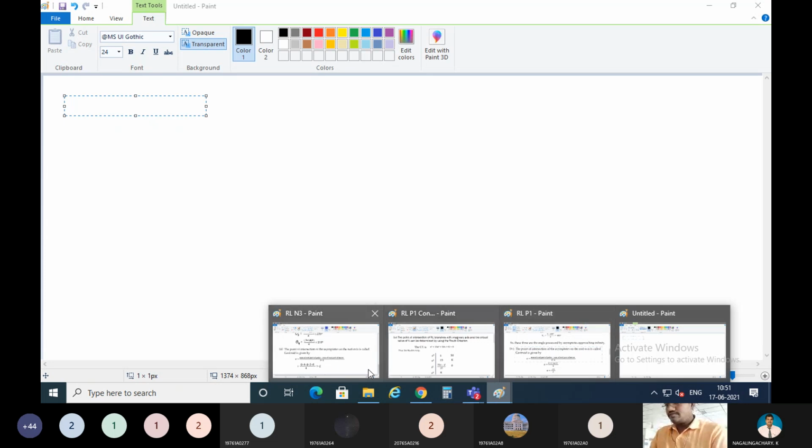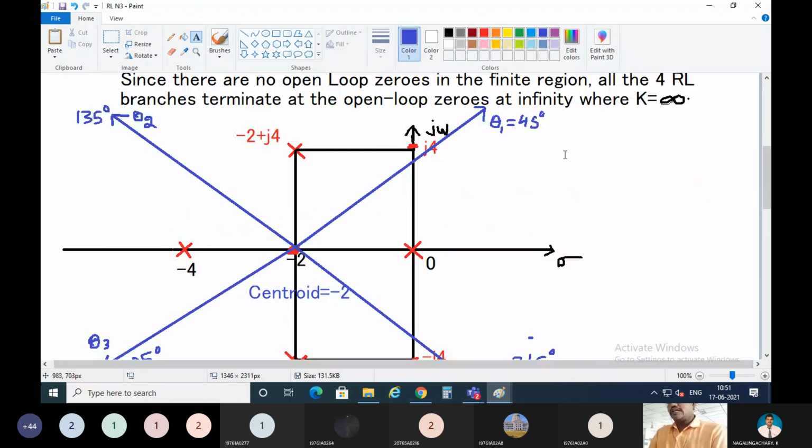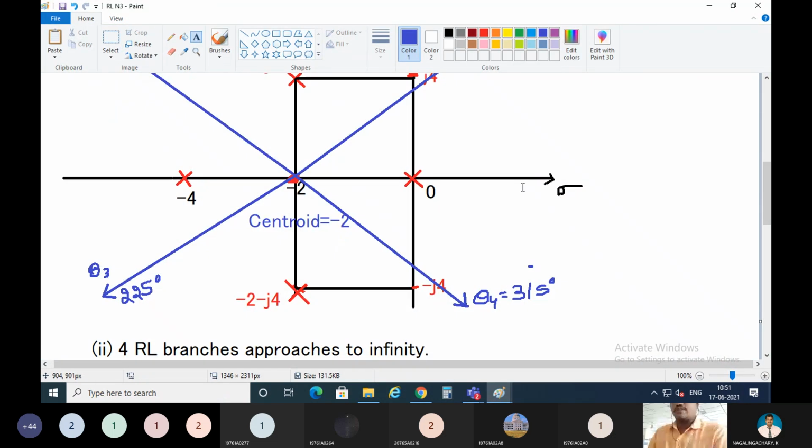One more thing I want to give you. On the real axis, does the root locus exist or not? There are 4 root locus branches. In between 0 to -4, if I consider any point, to the right of that point the sum of poles and zeros is an odd number.